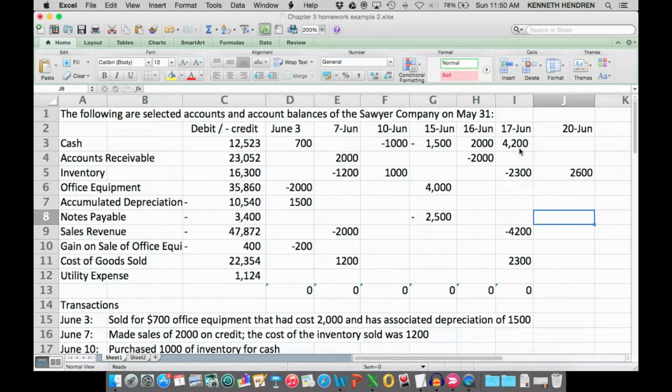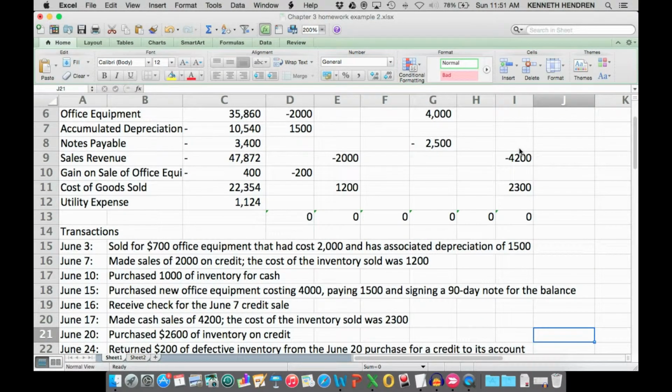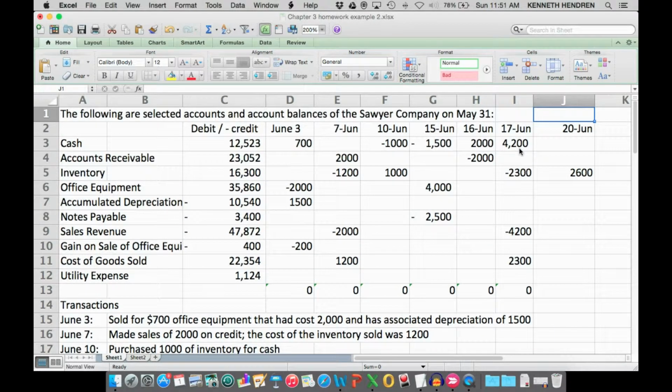That means we did not pay cash. So that means we have a payable for $2,600. Let's make sure. June 20th, yep, $2,600 inventory on credit. I don't see an accounts payable on here, so I want to post it to the notes payable. And we are in balance.